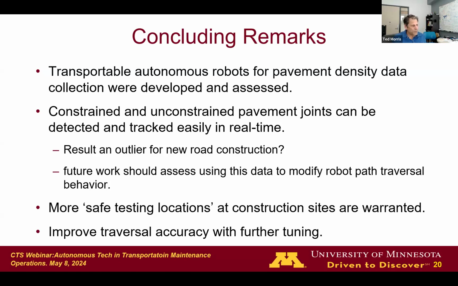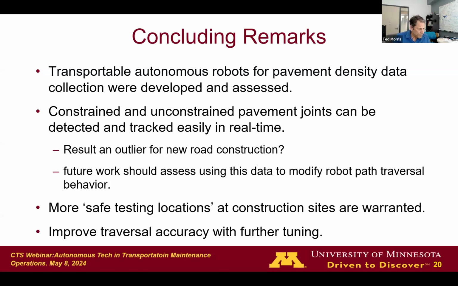But I think the future work, and this was something we had originally wanted to plan, is to modify the robot path traversal to use these center line locations, averaging them in front of the robot, instead of the design ones.